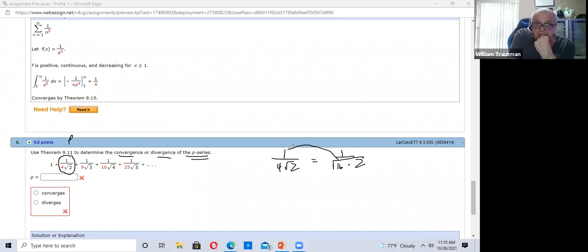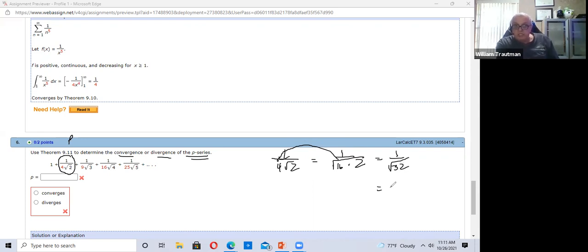The square root of 16 equals 4. So if you bring the 4 into the square root, you have to square it. So the square root of 16 equals 4, and then we still have the times 2. So what we really have is 1 over the square root of 32.